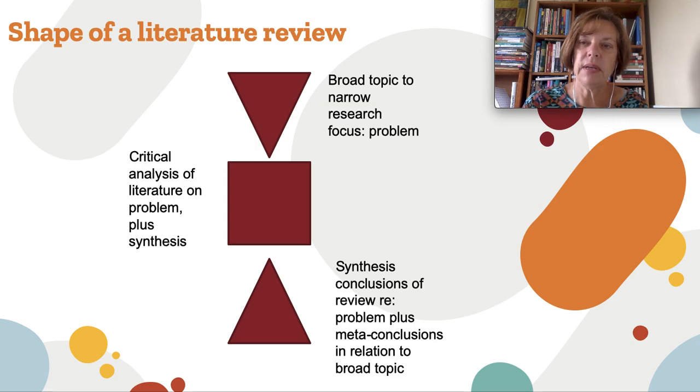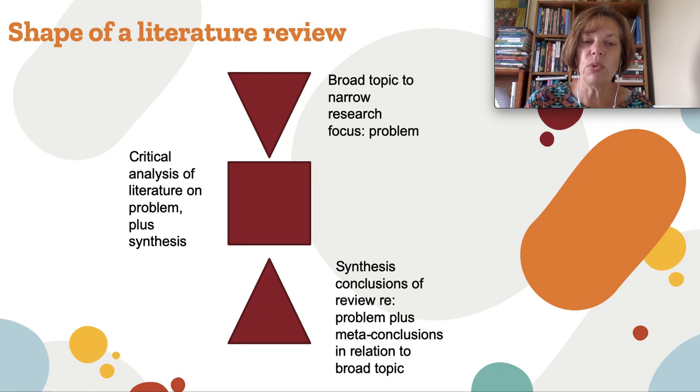And to help you understand this, what I'm talking about is the kind of shape of a literature review. It usually goes from a broad topic to your narrow focus, which is the problem that you're researching. Then you have the body where you do this critical analysis of the literature and synthesize. And then you draw conclusions. So at the top of the pyramid here are your close findings from your analysis and synthesis.